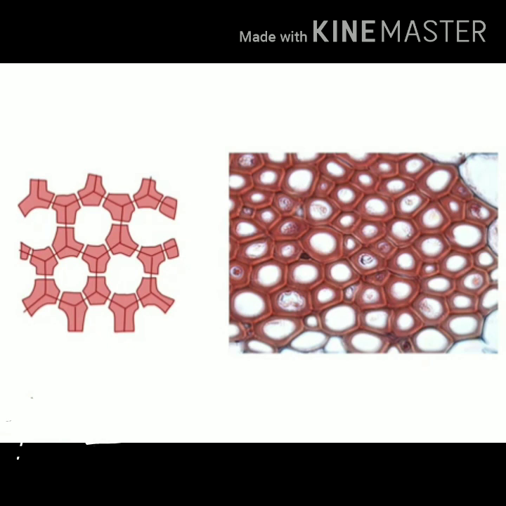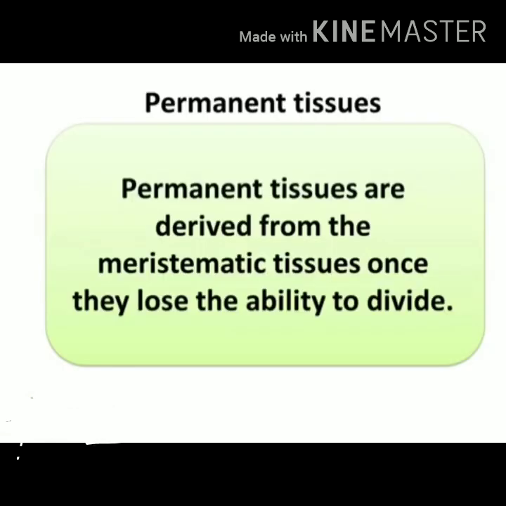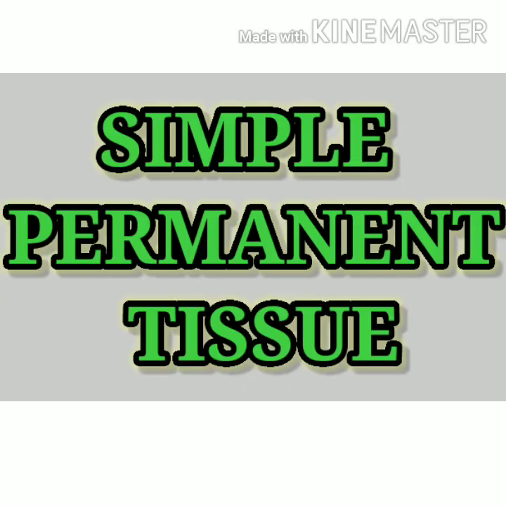Permanent tissues are derived from the meristematic tissues once they lose their ability to divide. The permanent tissues can be of two types. They can be either simple or complex depending on the structure. So, let us understand about the different types of permanent tissues.